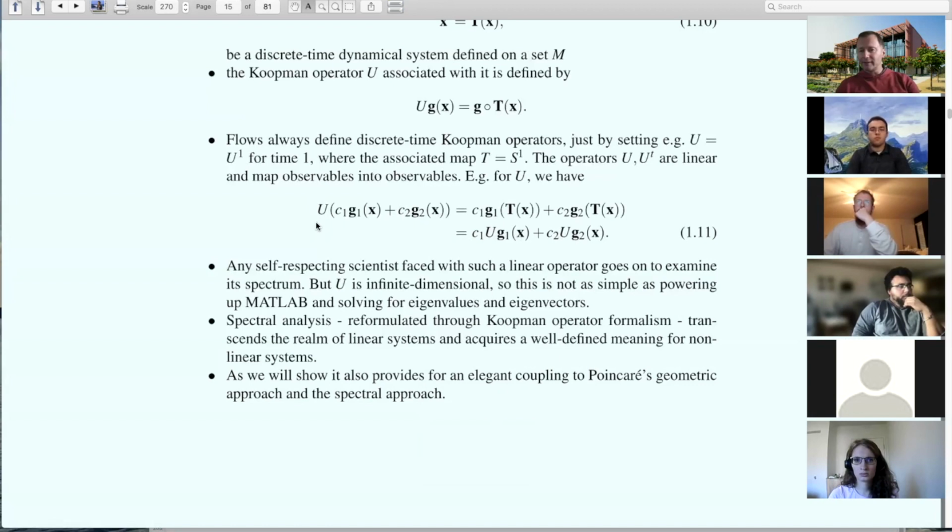Now, if you found a linear operator, you would be remiss not to go out and ask about its eigenvalues, and in this case, eigenfunctions, not eigenvectors, because it's infinite dimensional. This is what we are going to be doing. But it's not as simple as just using MATLAB and finding eigenvalues, because remember, it is in principle an infinite dimensional operator to start with.